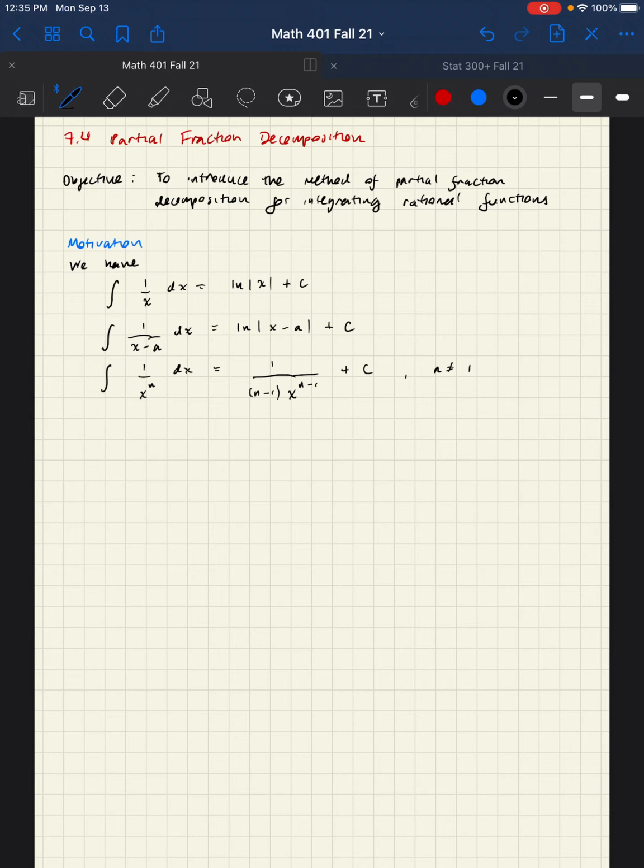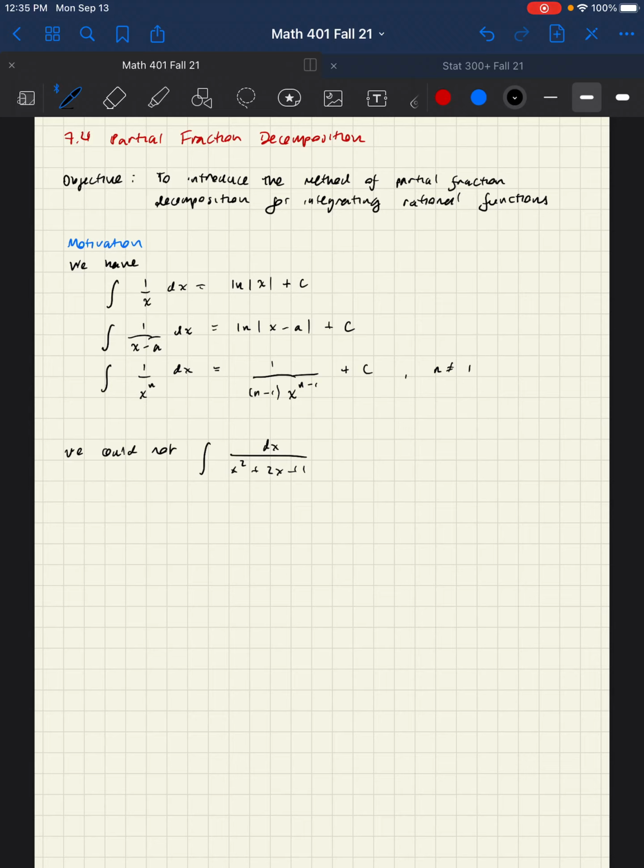And these are the three integrals that we can handle so far. But if we wanted to evaluate the integral of 1 over x squared plus 2x plus 1 dx, we'd be out of luck.